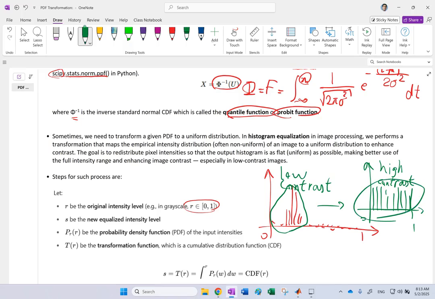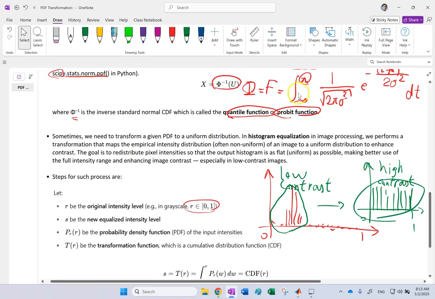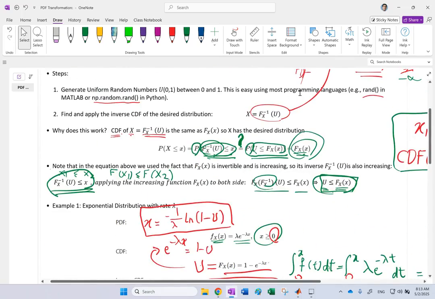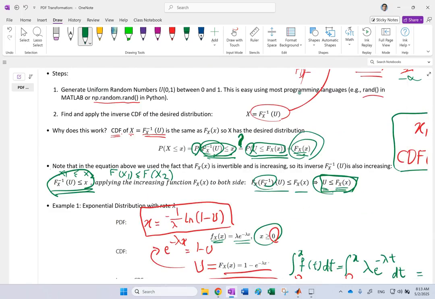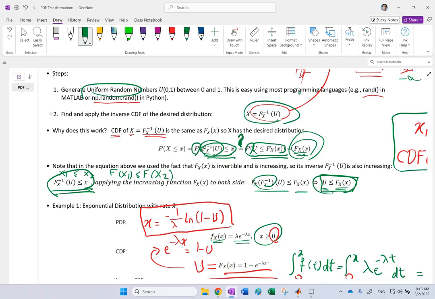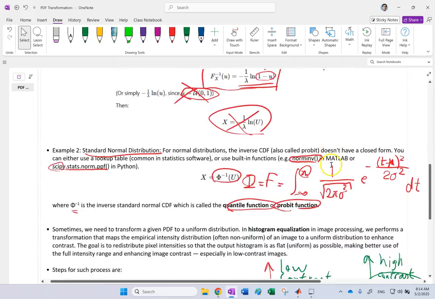And how do we do that? Probably from what we learned initially. Remember, if I want to go from a uniform PDF to an arbitrary PDF, what transformation function did we use? We used the inverse CDF of the desired one. What about here?